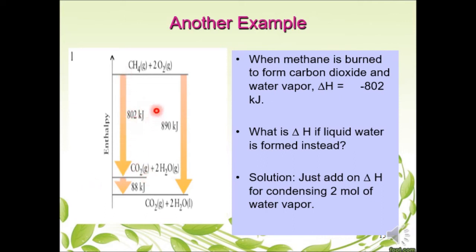But if that water vapor forms liquid water instead, what would be the enthalpy change? It means it is asking from this point to this point, so we add this with this to give you the enthalpy change here.